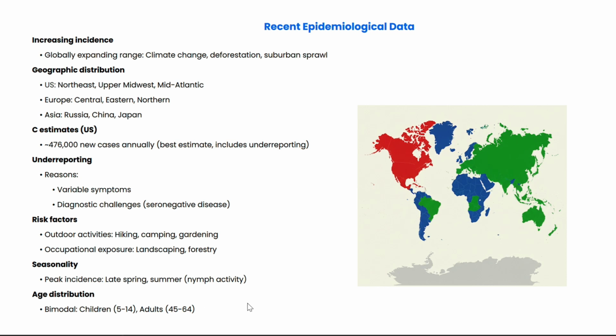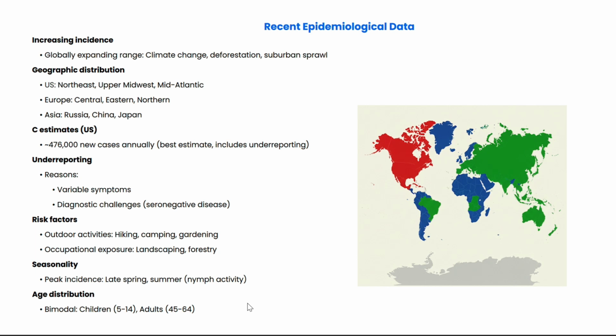Let's take a look at the recent epidemiological data on Lyme disease. We are observing an increasing incidence of Lyme disease and a globally expanding range. Several factors contribute to this rise, including climate change, which is altering tick habitats and activity patterns, deforestation, which brings humans and ticks into closer contact, and suburban sprawl, which encroaches on tick-inhabited areas.